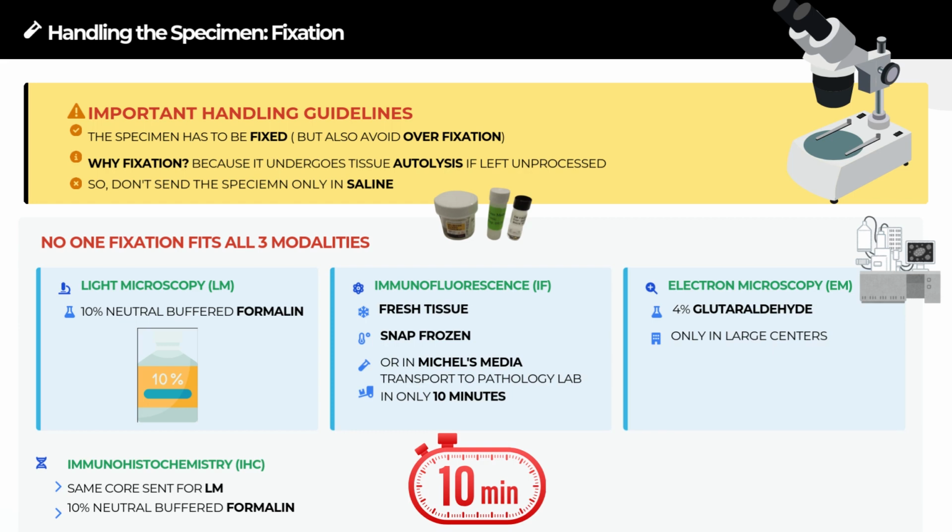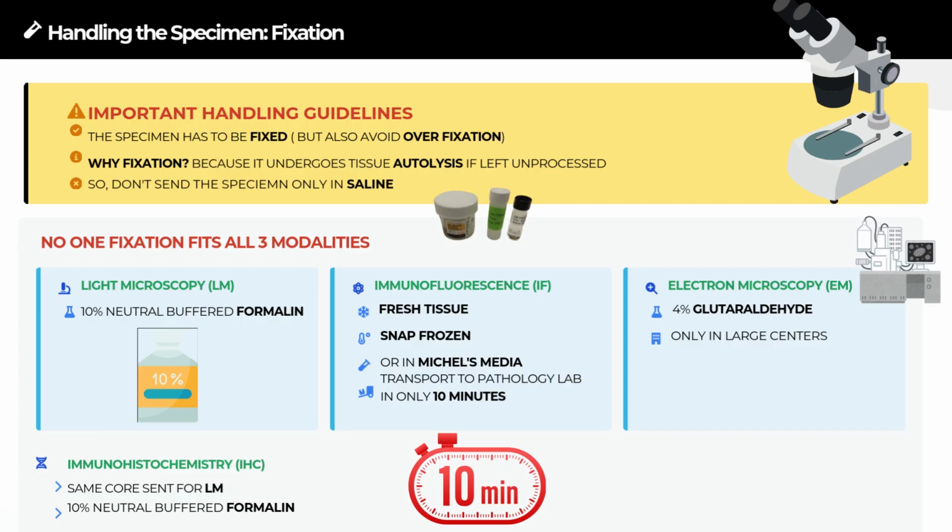For immunofluorescence, you should obtain fresh tissue, snap frozen, or transported in Michel's media to pathology within only 10 minutes. For electron microscopy, 4% glutaraldehyde is effective, and we will talk about this issue later in detail.